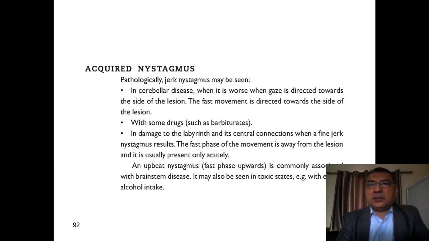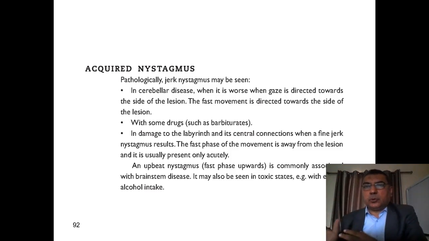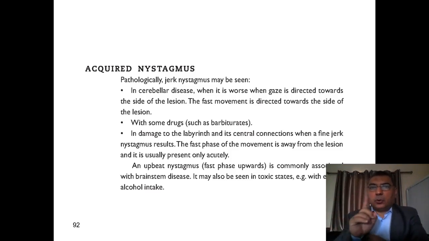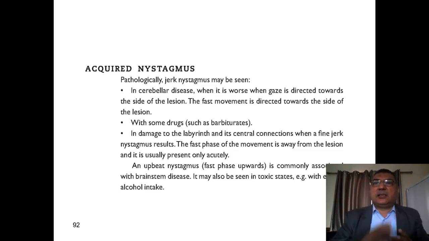Also, the nystagmus may be congenital, and it may be acquired. Acquired nystagmus means that the person was normal and this involuntary movement is not present, and after some time he develops a disease that resulted in this movement.